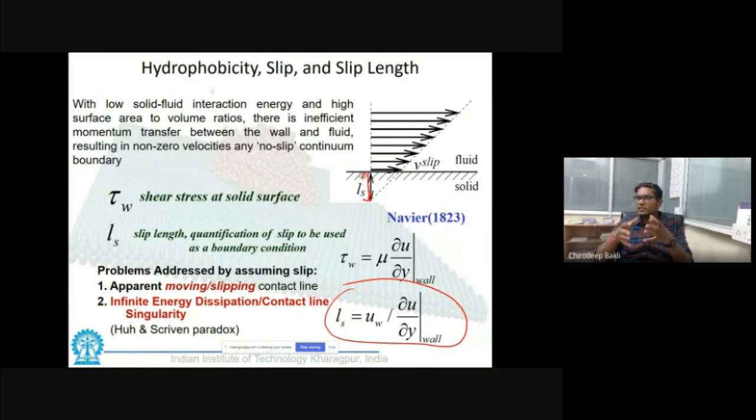For a non-wettable fluid, again high school knowledge, if you have a beaker of mercury and dip a glass bore in it, there will be depression, not capillary rise. So in order to have surface-driven transport, I need to have a hydrophilic surface. In order to have greater throughput, I need to have greater slip.